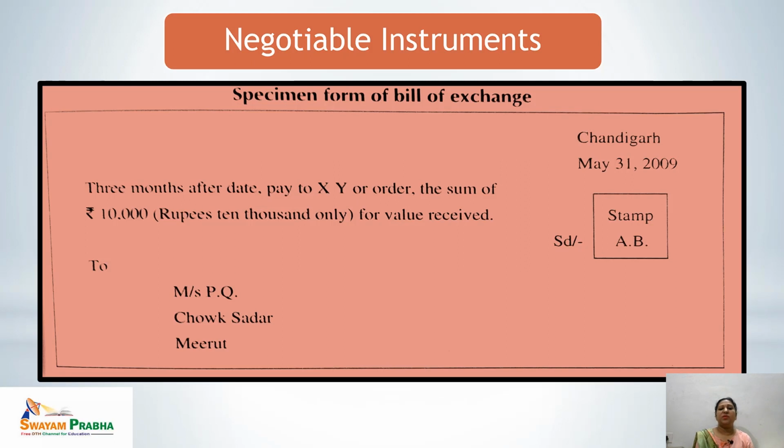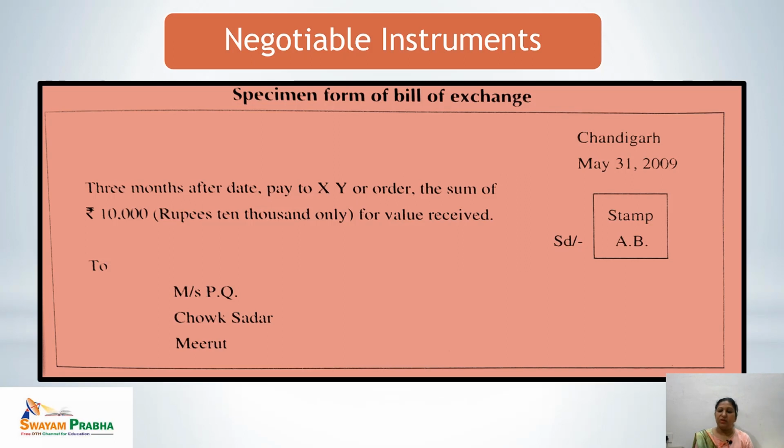So this is a specimen form of a bill of exchange. The place Chandigarh is mentioned. May 31, 2009, the date on which the bill is being drawn. Three months after date, pay to XY or order the sum of rupees 10,000 for value received. Here Messrs PQ, Chowk Sadar, Meerut is the person on whom the bill is being drawn.